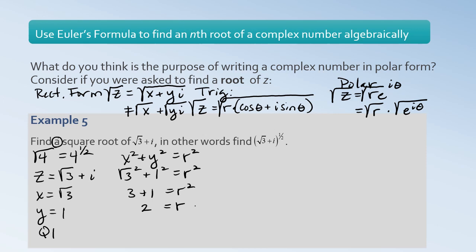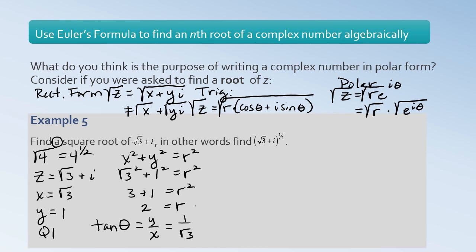For theta, the only things that I know for sure that were given to me are the x and the y. Technically speaking, to find theta, we could use SOHCAHTOA rules for sine, cosine, or tangent. Because x and y were given to me, I'm going to go with the tangent. I'm going to say that the tangent of theta is equal to my y value over my x value, so 1 over root 3.